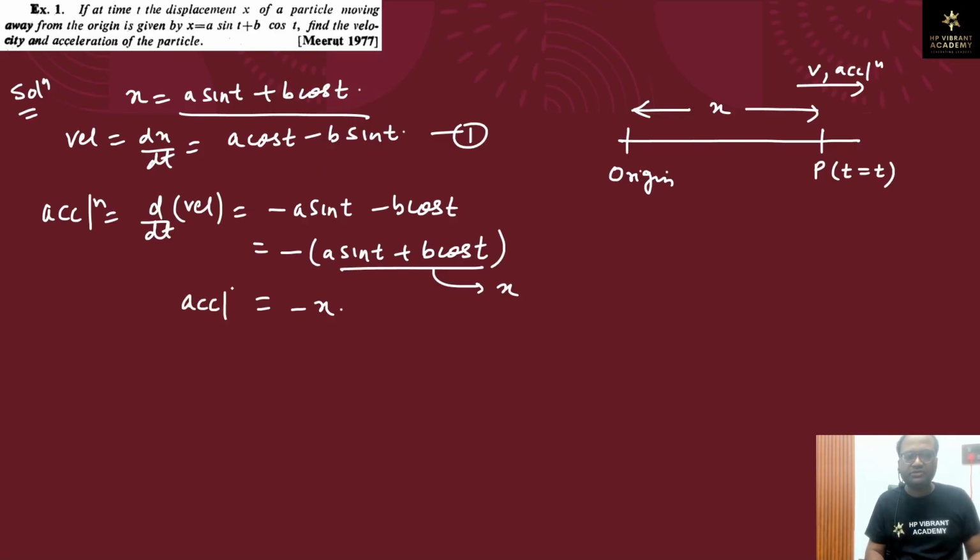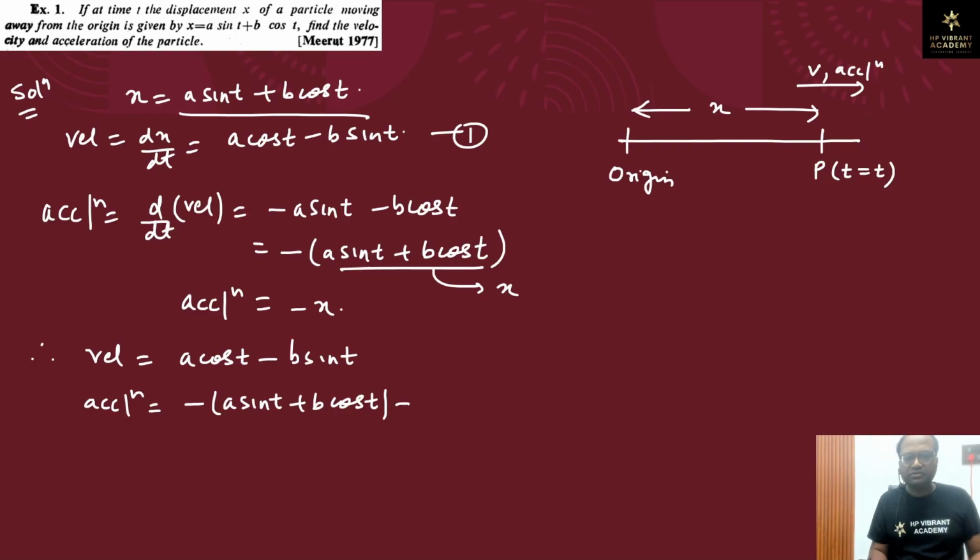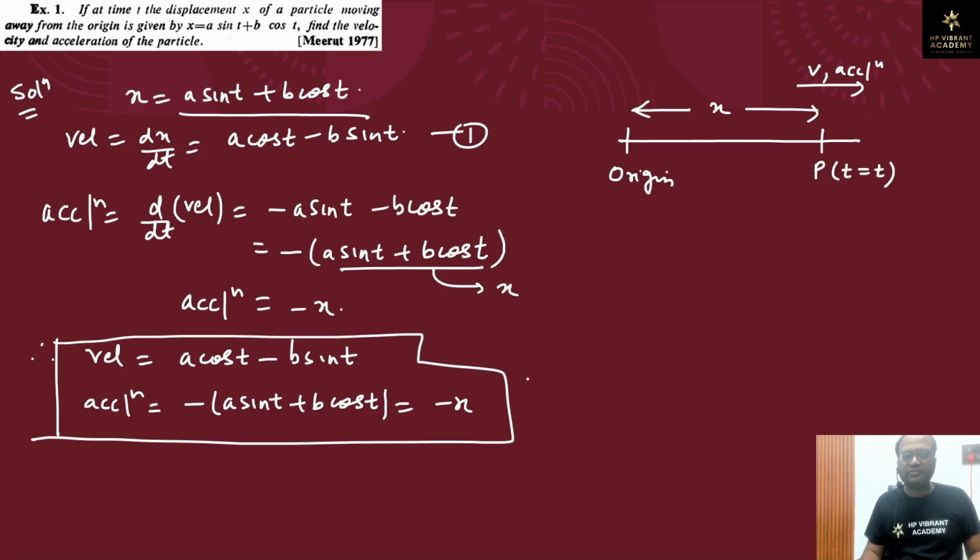So acceleration is equal to minus x. So we have the velocity as a cos t minus b sin t, and acceleration is equal to minus a sin t plus b cos t, which is equal to minus x. So this is our velocity and acceleration of the particle at time t.